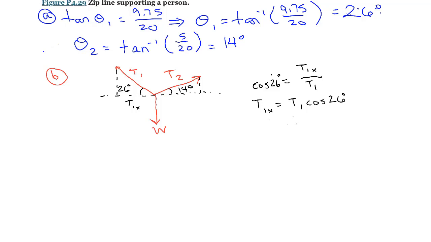So I know that the sine of 26 degrees is equal to the opposite, which I'll call T1 sub y, over T1. So I can say T1 sub y is equal to T1 times the sine of 26 degrees.